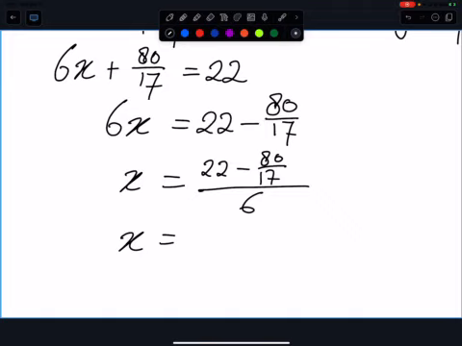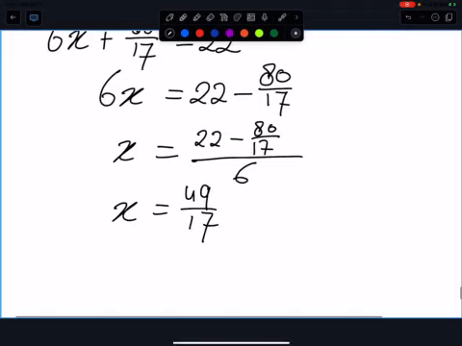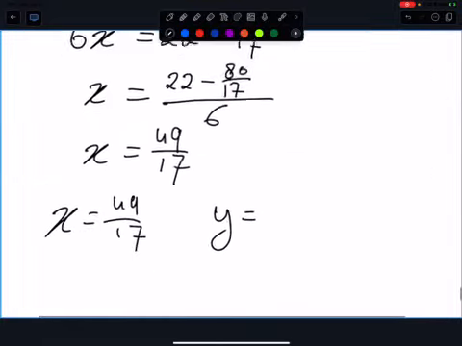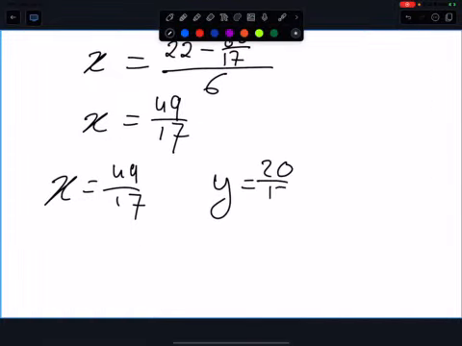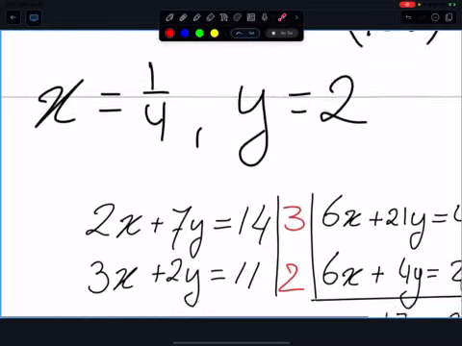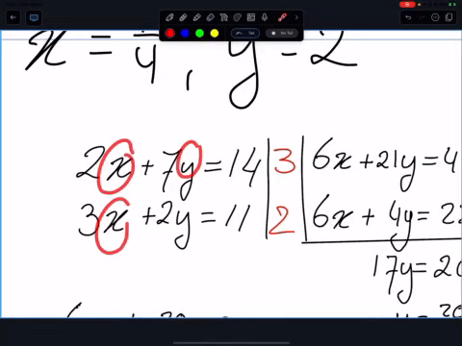And the answer is 49 divided by 70. So x and y. When I place this x and this y in both of them, they give me the same answers.